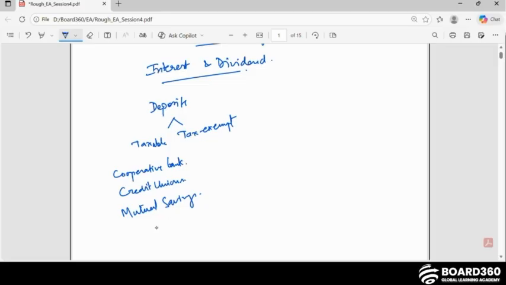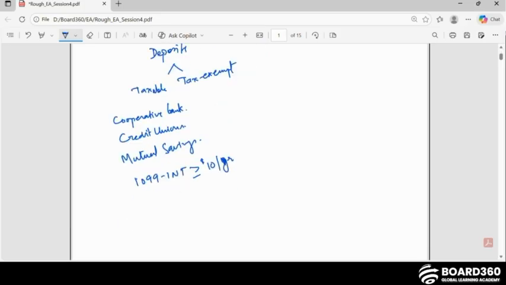Generally, the payer of the interest will give you Form 1099-INT if the amount of interest is more than or equal to $10 per year. Even if the payer is not issuing 1099-INT, the taxpayer still has to report all the interest income.